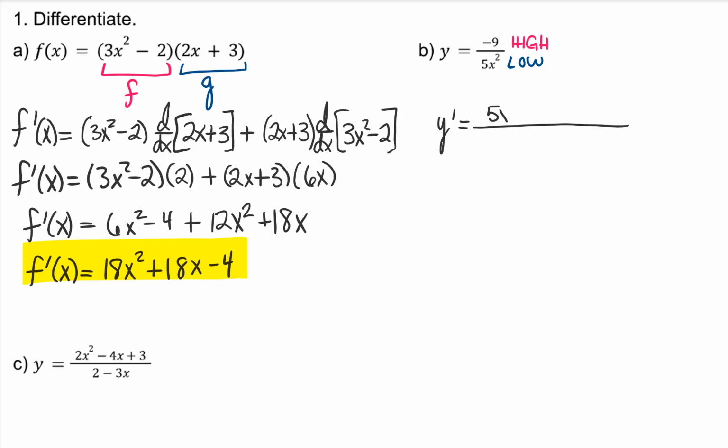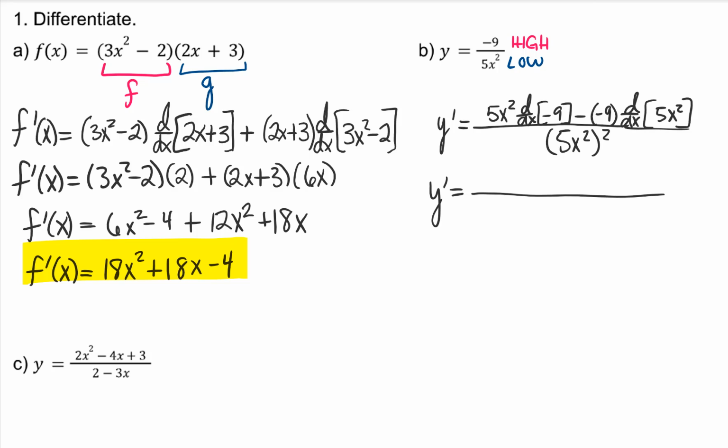Low d high minus high d low over low squared. Again, I like to do the other derivatives in my next step.